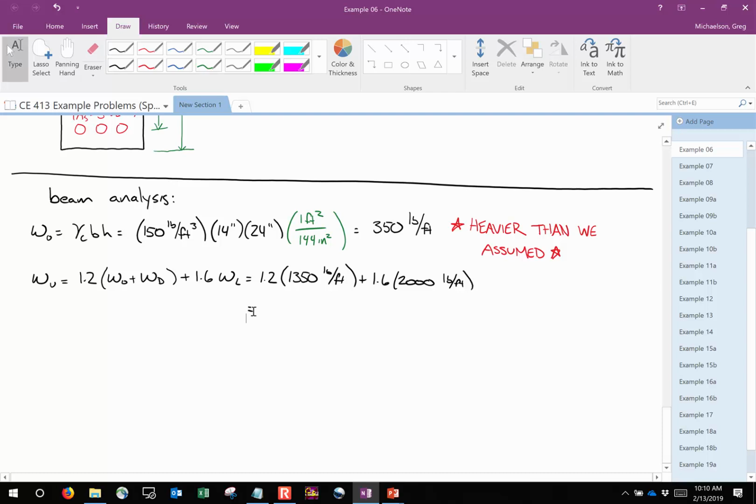I just added 1,000 pounds per foot here because that's our superimposed dead weight. Everybody okay with that? 4,820 pounds per foot, or 4.82 kips per foot.